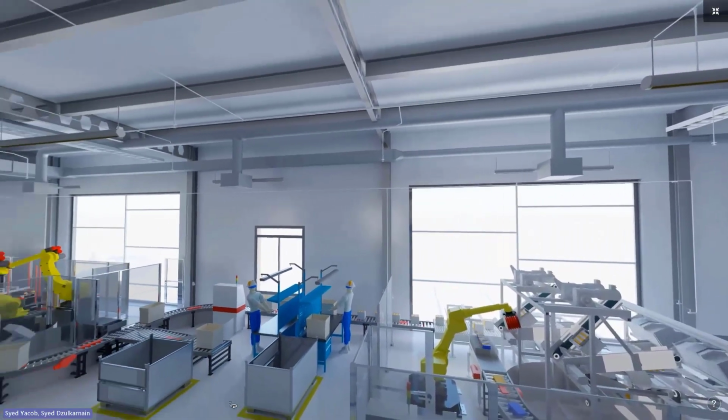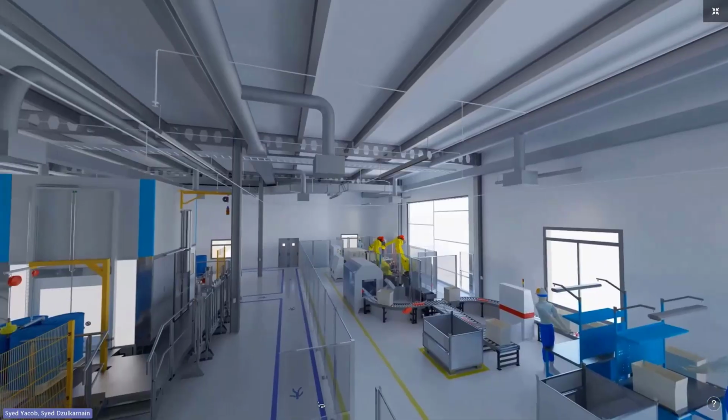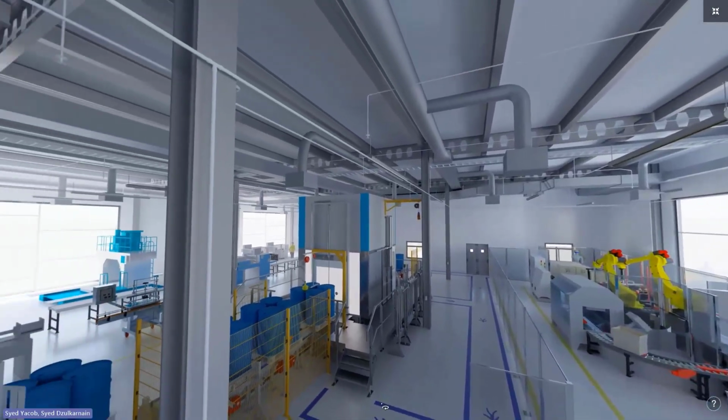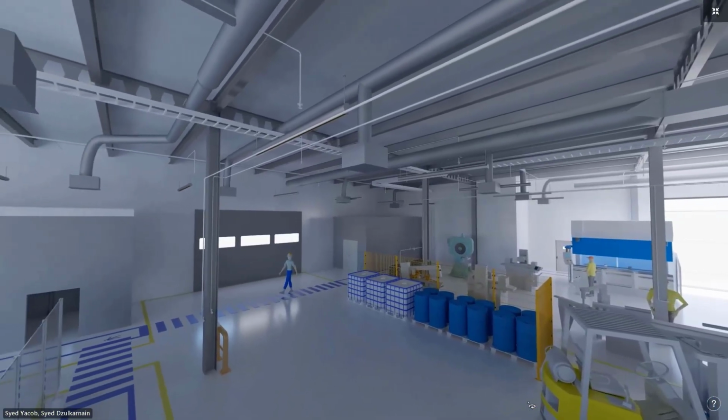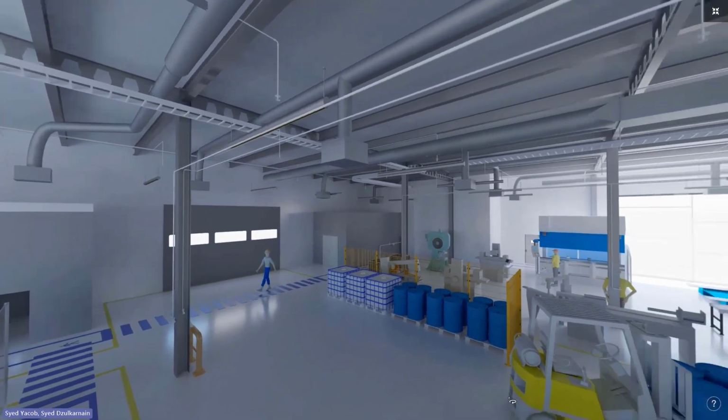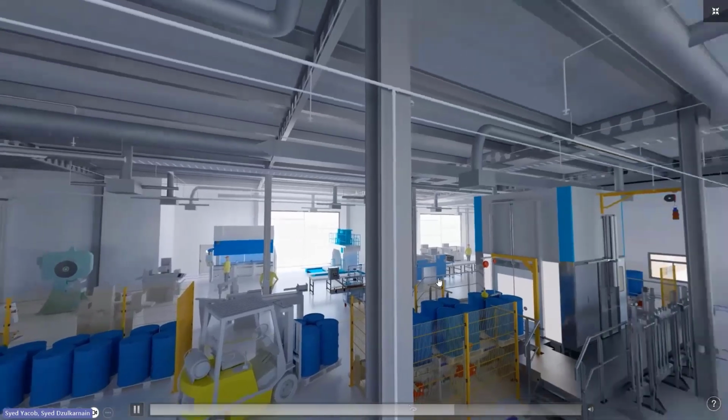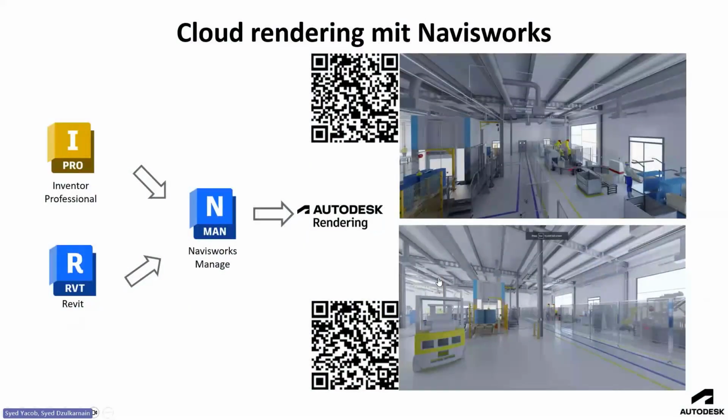But for this, you can generate it and it can be viewed using your phones or even your PC or tablets. Okay, so you can view it and then collaborate, markup and review the design together. So this is the process. We go to Navisworks Manage and then we can do the cloud rendering from Navisworks Manage.